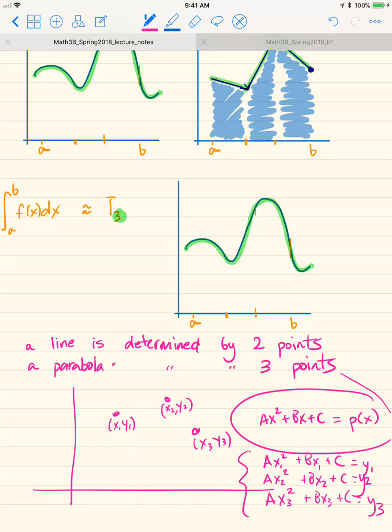So now I've got a system of equations with 3 unknowns. The unknowns are a, b, and c. So we've got 3 unknowns, 3 equations, right? And we can solve this system of equations for those 3 unknowns, a, b, and c. And once we know a, b, and c, bam, we know the equation that we're talking about.